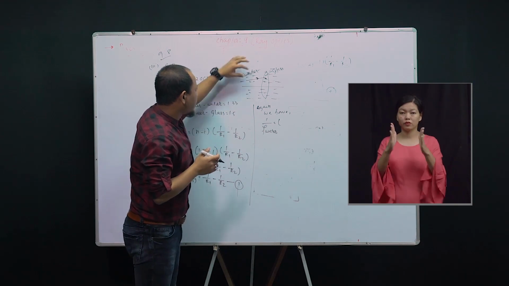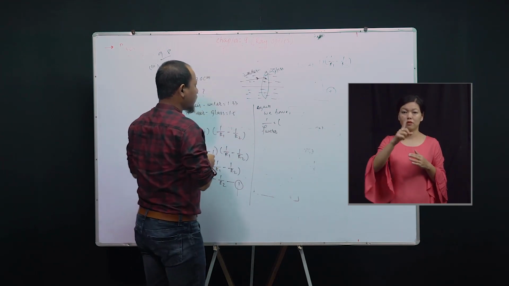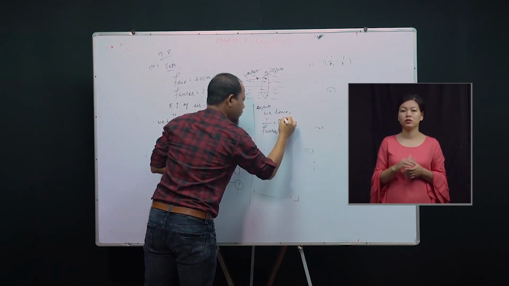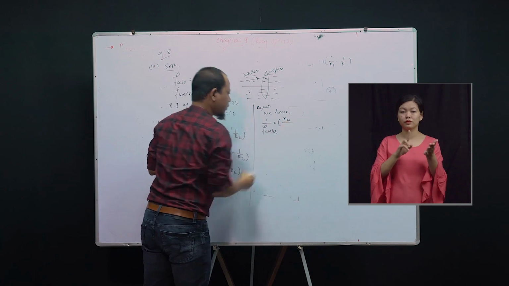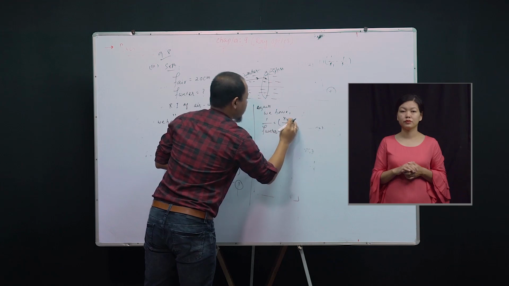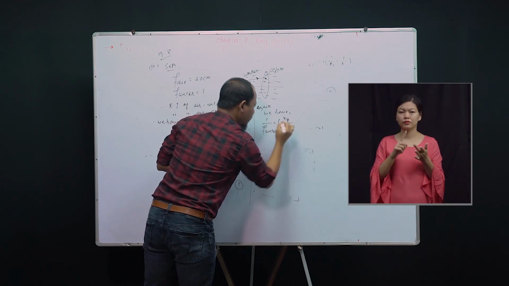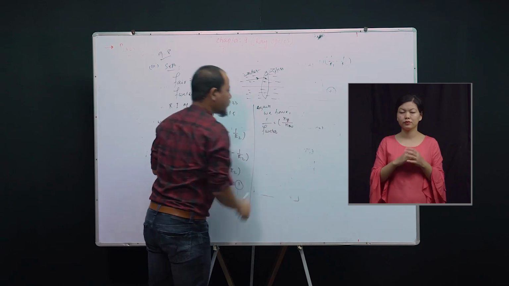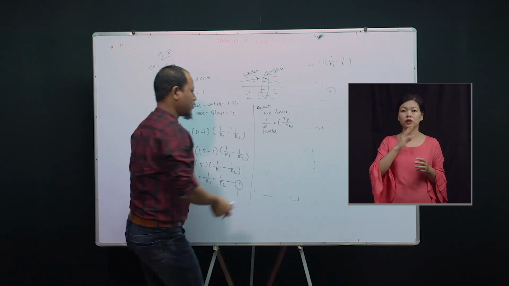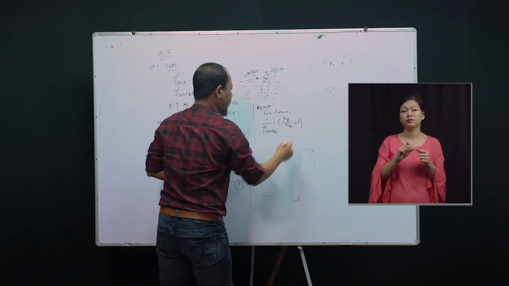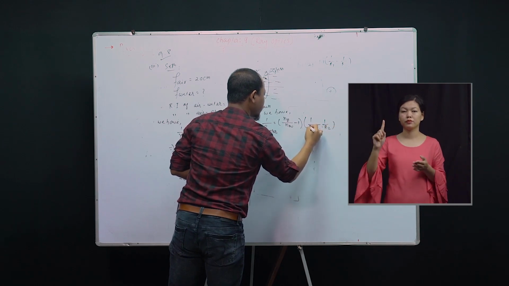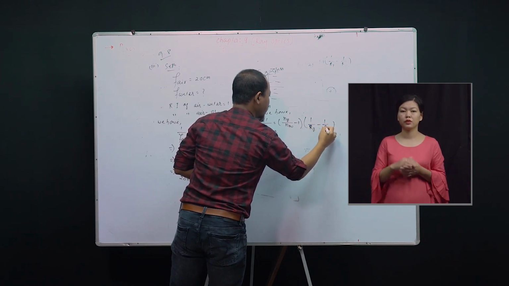The ray of light is traveling from water to glass, so I write the refractive index of glass with respect to water, n glass divided by n water, minus 1, times 1 by R1 minus 1 by R2.